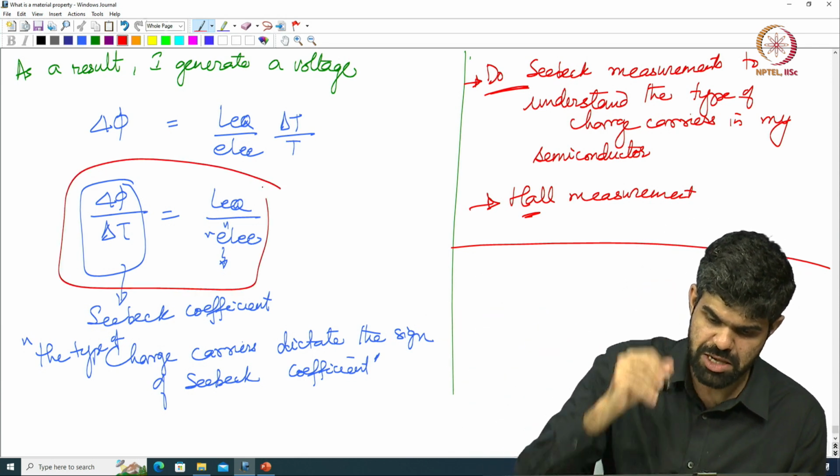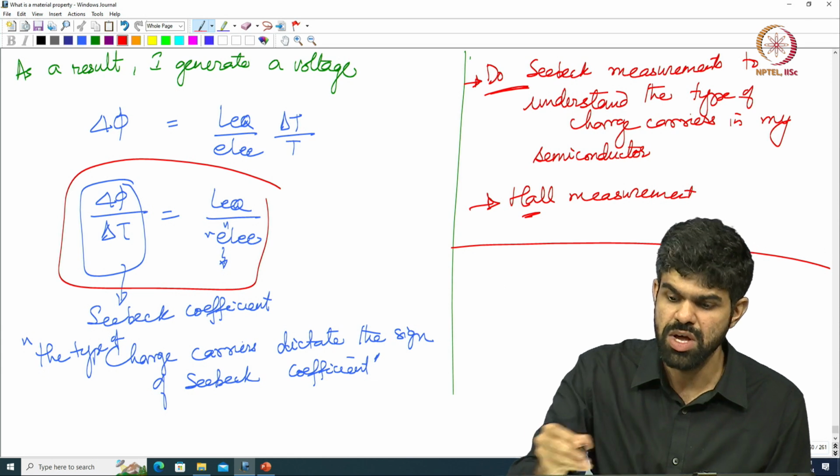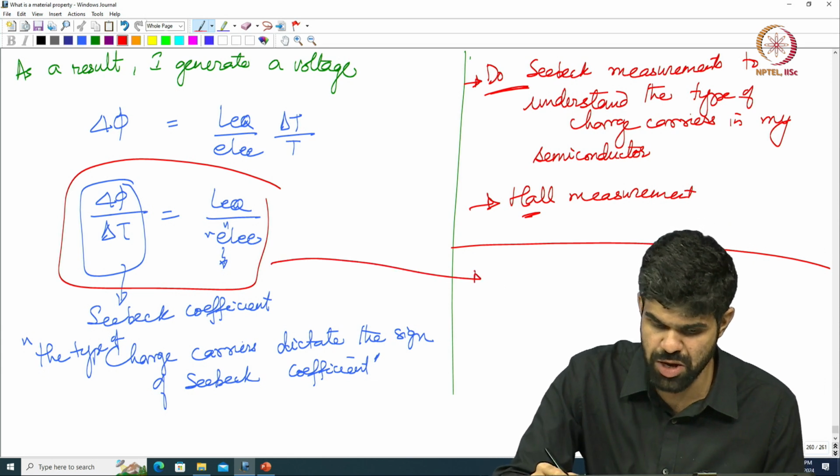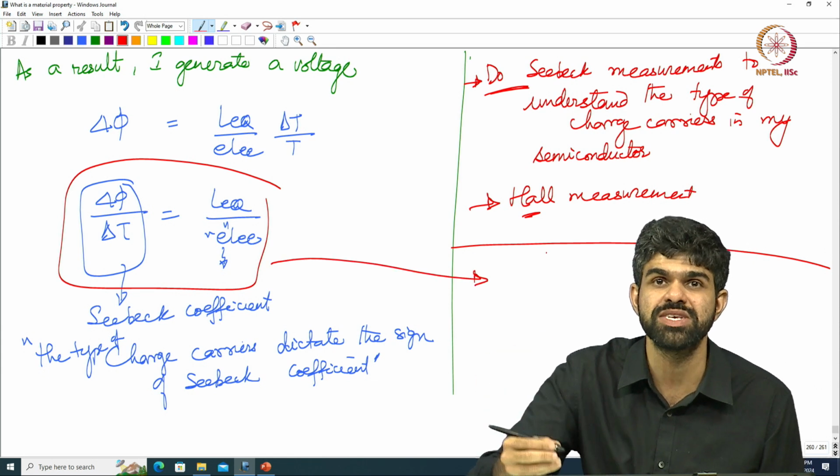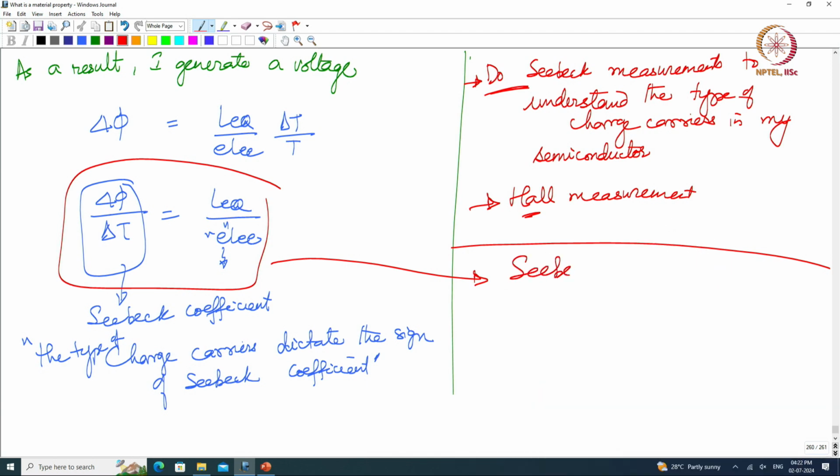So that is the Seebeck coefficient. The point here is that the Seebeck coefficient is also derived, not derivatives in the mathematical sense, from Onsager's cross coupling and direct coefficients.